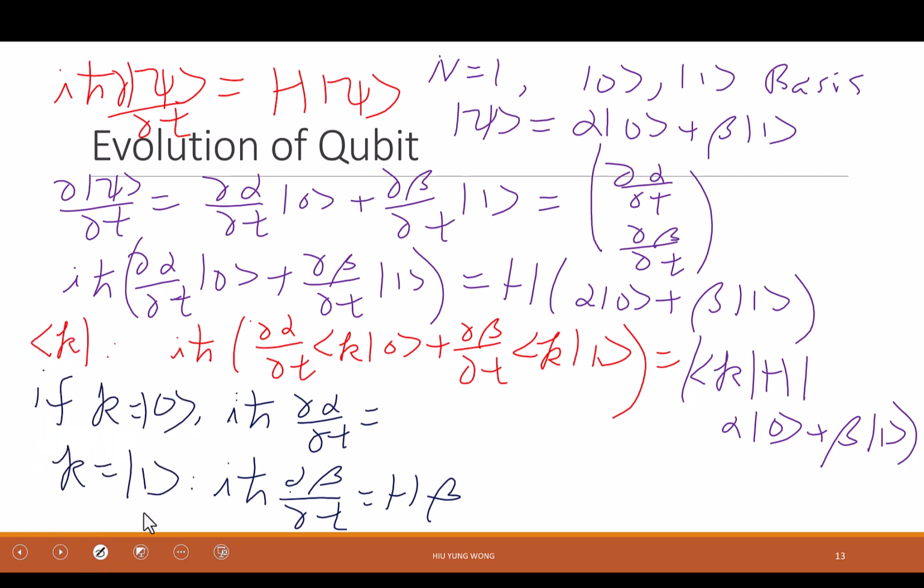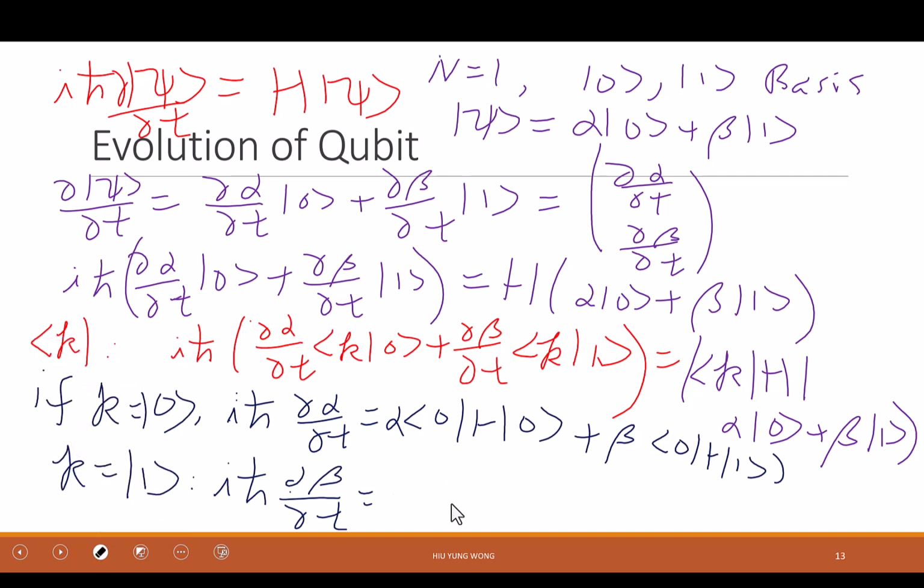This part should be, if it is 0, it becomes 0 H 0 times alpha plus beta times 0 H 1. And similarly for this one, when it is 1, it becomes alpha 1 H 0 plus beta 1 H 1.